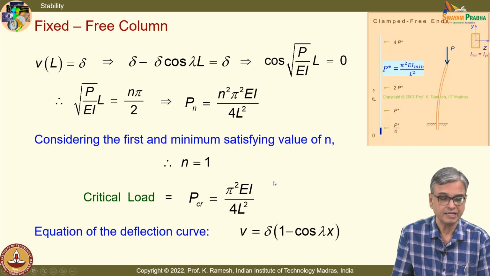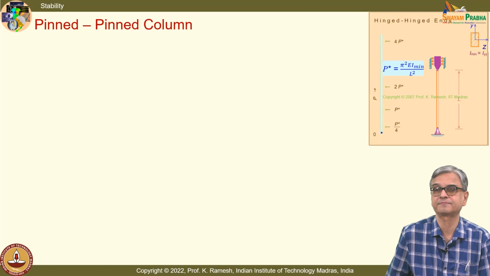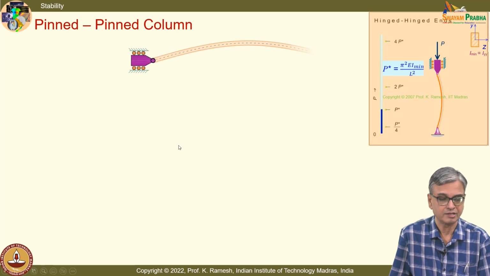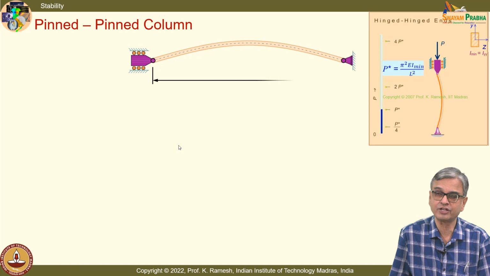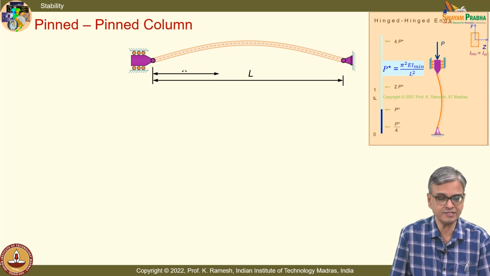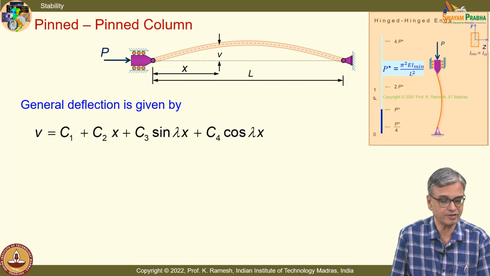analysis. We can do the similar analysis for a pinned column. What is the difference? The difference is only the boundary conditions. You have the governing equation, you have the basic solution, and you have the expressions. So, it is just substitution of the boundary conditions.